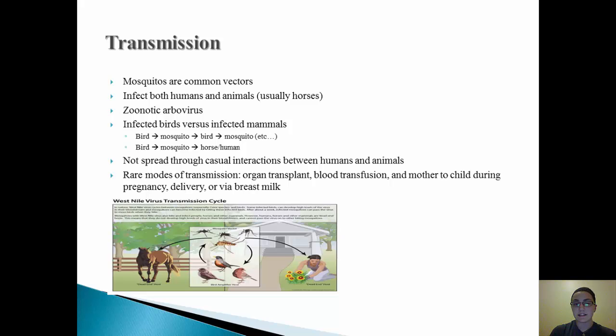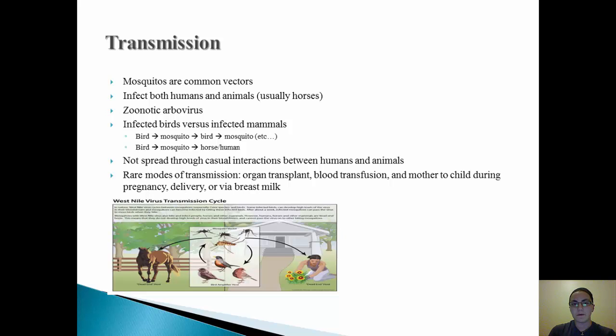Then when the mosquito has the virus and it bites a pure bird, the bird will then contract the virus. So you can go in a circle between the birds and the mosquitoes. This is because the blood in the birds is able to develop and maintain a high level of the virus. However, horses and humans are dead ends for the virus.